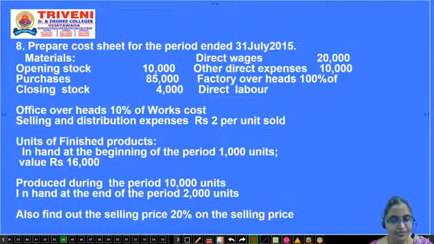In this sum the missing figure was closing finished goods, only units were given but not the rupees.